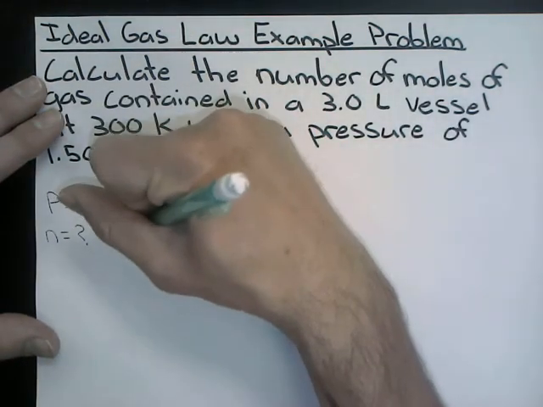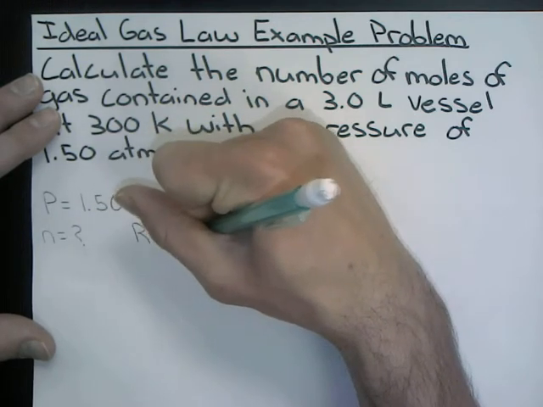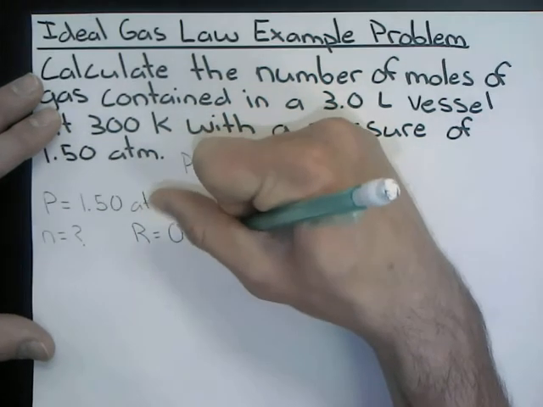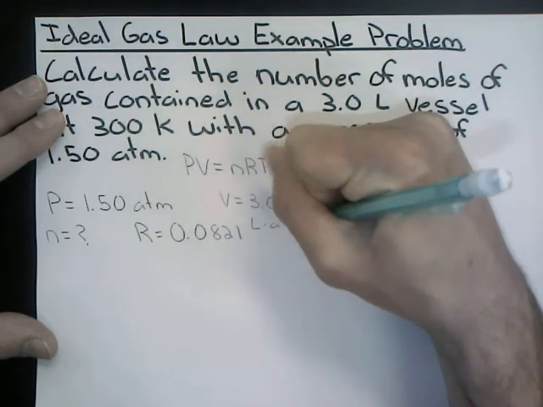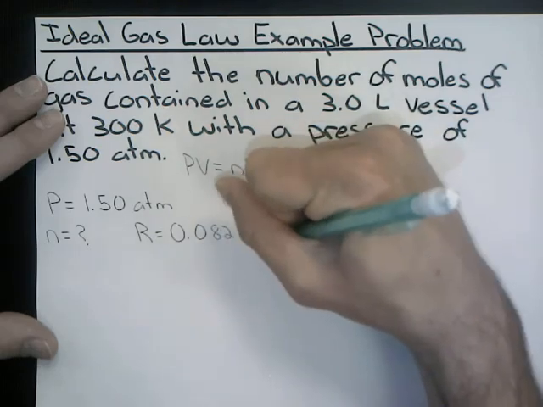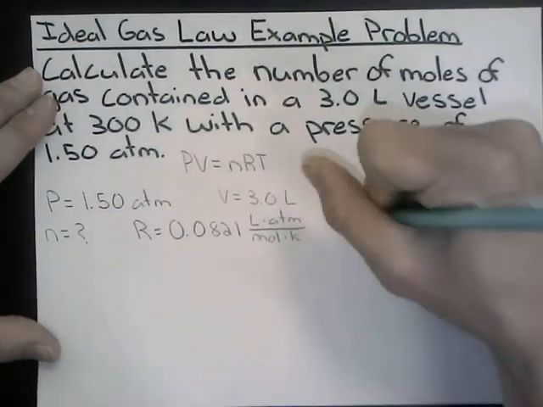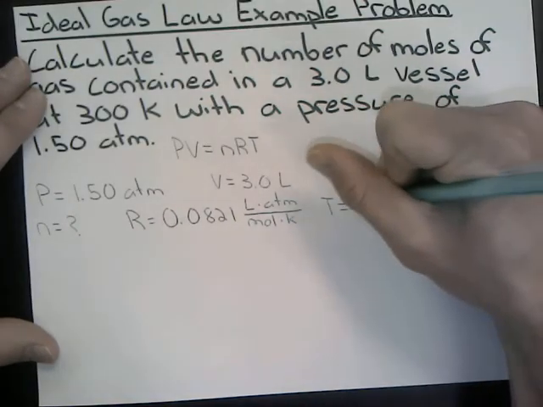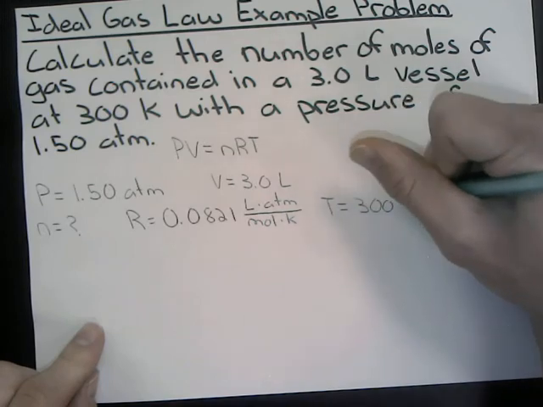Now the R is a constant. The constant is always, in this case, 0.0821 liter atmosphere per mole Kelvin. And then our T for temperature is in Kelvin, and it's 300 Kelvin. So we put that in here.